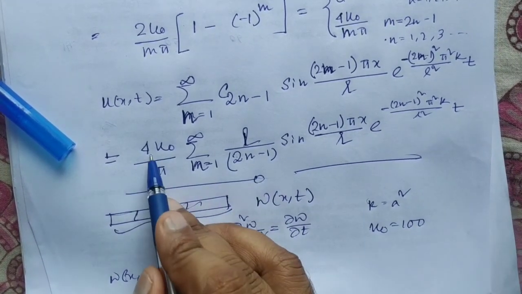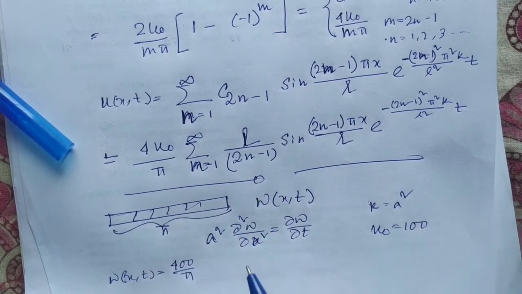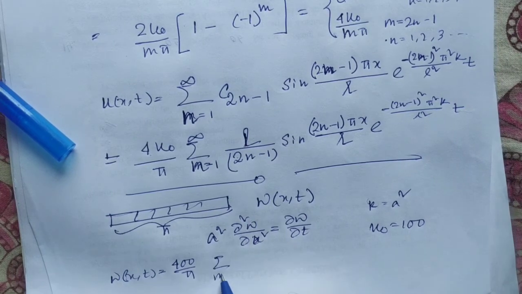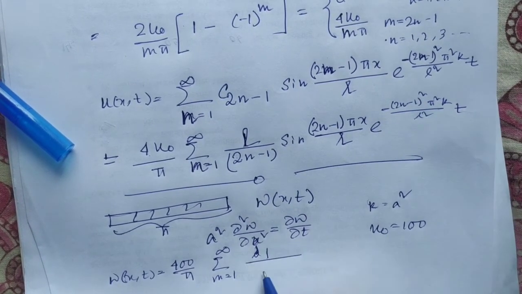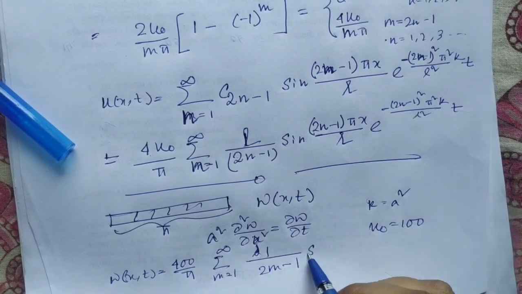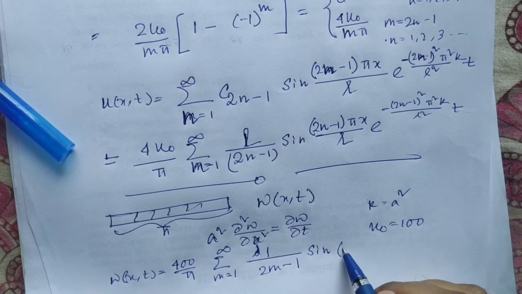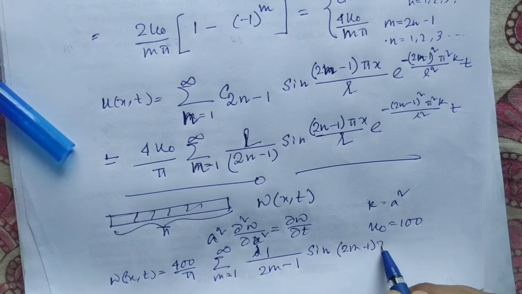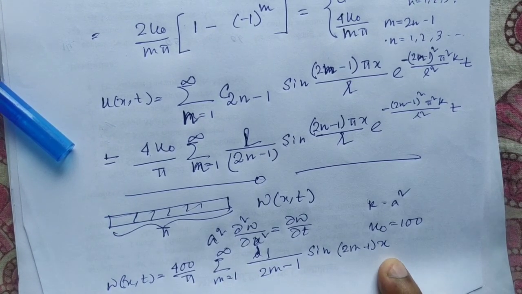So when you write your solution following this, your w(x,t) is equal to 400 over pi, because this will be multiplied with 400 over pi, sum m equal to 1 to infinity, 1 over 2m minus 1, sine of (2m minus 1) x, because now your length is equal to pi.